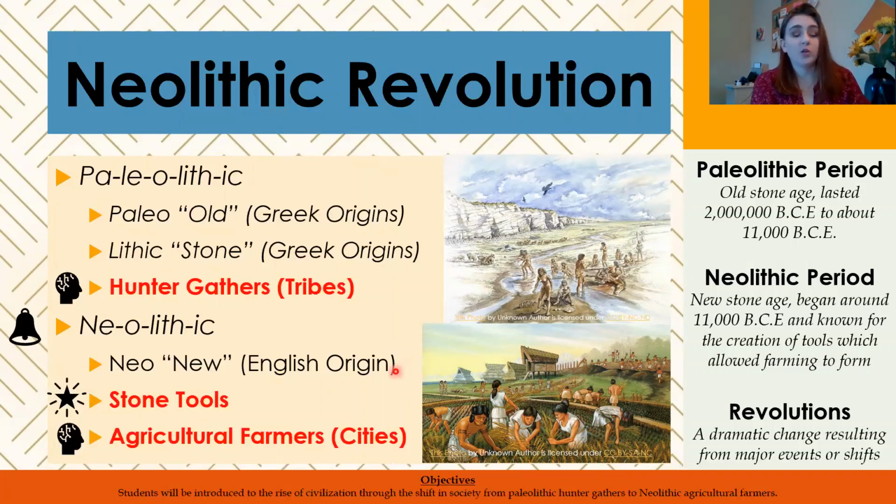But what you need to know is that during the Paleolithic period, people were primarily hunter-gatherers. This means they gained food and resources through two main avenues. First off, they would hunt, usually birds, animals, fish, reptiles, things like that, or they would gather, like nuts, seeds, and smaller animals like mice or squirrels.